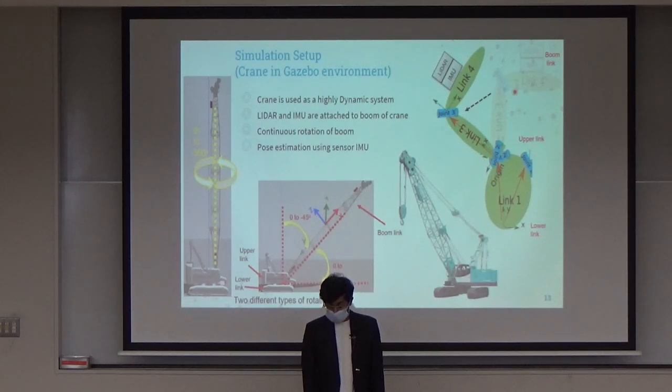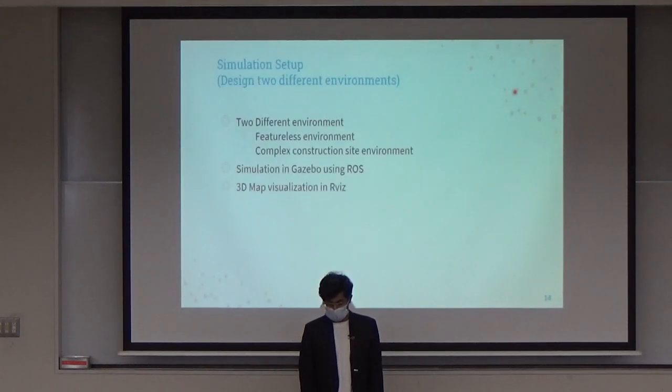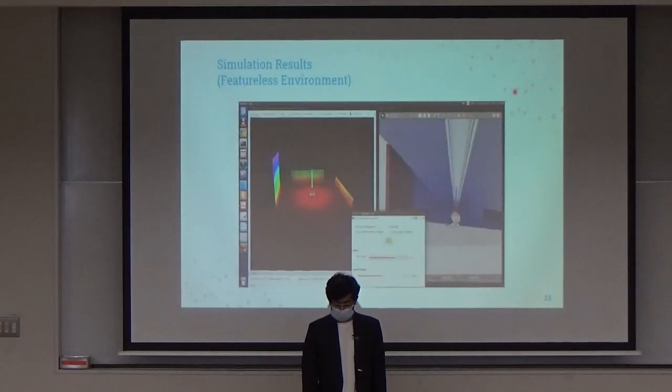So the task is to build a map while the crane is performing some task and its boom is in rotation. We use two different environments: one is a featureless environment and the other is a complex construction site environment. We use Gazebo for simulation using ROS, and we use RViz for visualization.